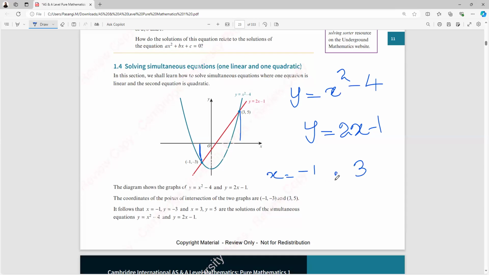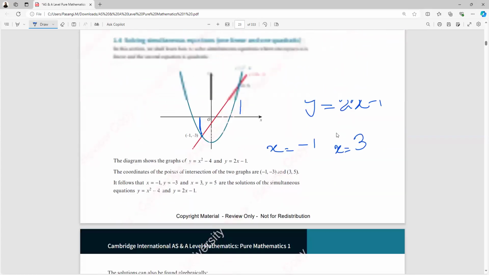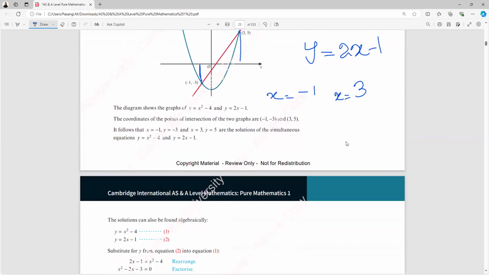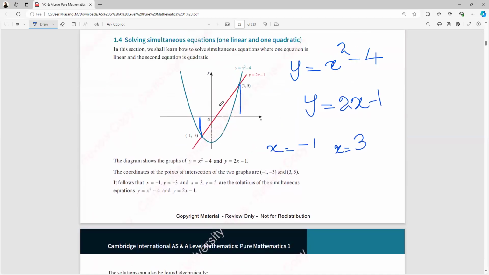So these are the two solutions for these two equations. That's one method. And the other method is that we can solve these arithmetically, without graphing calculators or drawing these graphs.